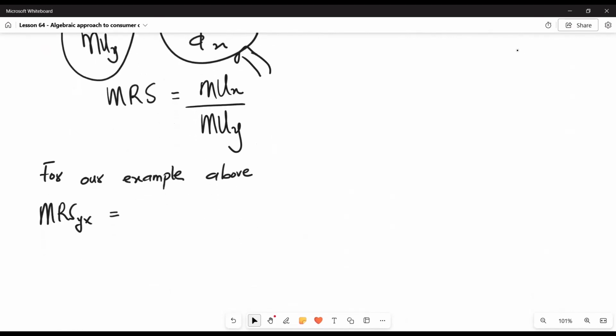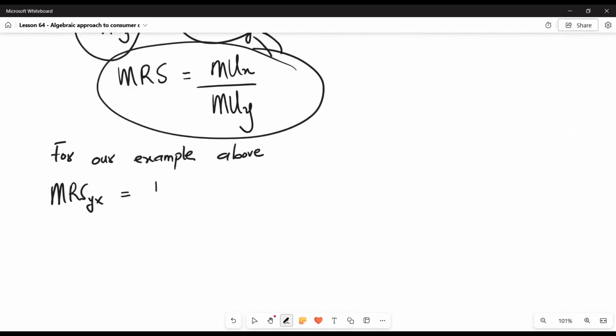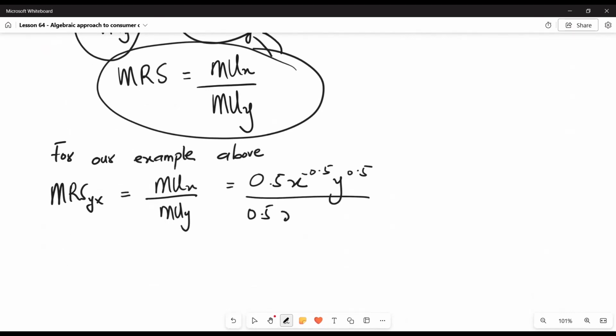So we are going to use this information and this equation to solve the example that we have above. In our example, marginal utility of good x was given as 0.5 x to the power minus 0.5, y to the power 0.5, and marginal utility of y we found as 0.5 x to the power 0.5, y to the power minus 0.5.